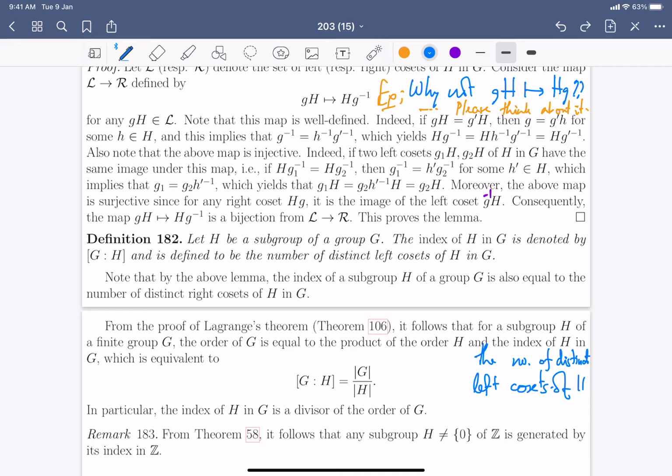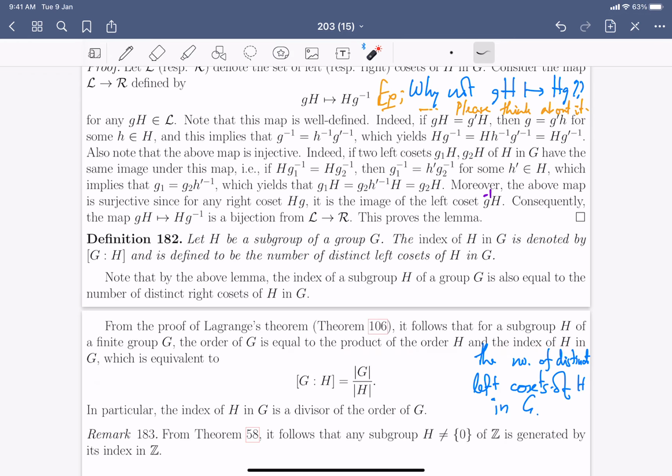Oops, this is not on H, this is in G. So the order of G is equal to the product of the order of H and the number of distinct left cosets. In other words, it is equal to the product of the order of H and the index of H in G.